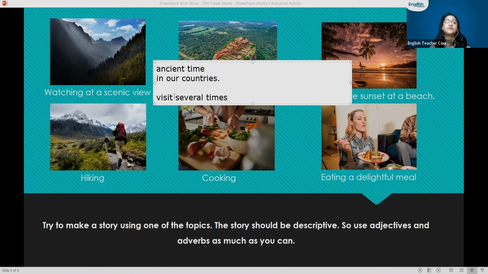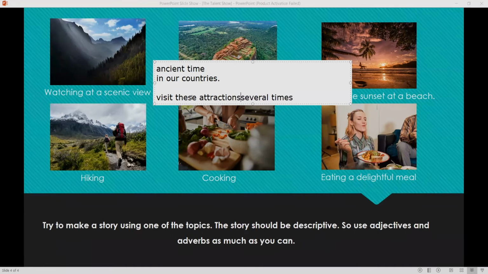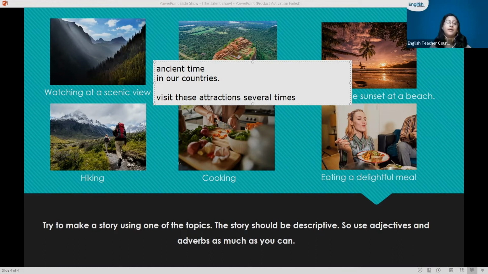So you can say visit these stunning places several times. And also you can say, thousands of tourists visit our beautiful country several times in their life, since they love this place very much, or something like that.